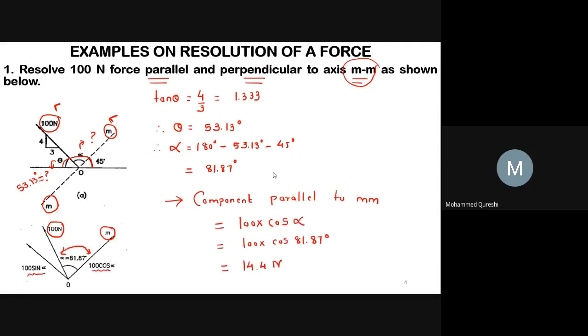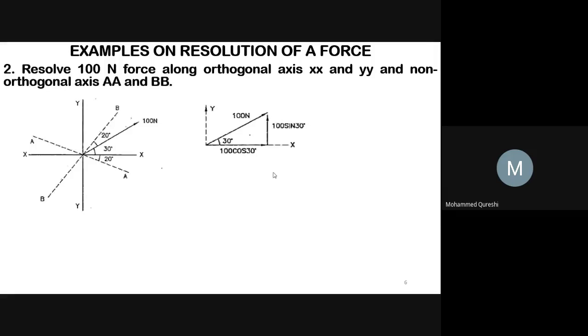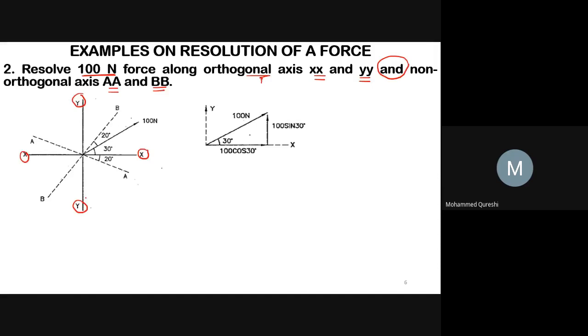We will go for the second example. Suppose we resolve the force along 90 degree axes x and y, and non-orthogonal axes AA and BB. Here x and y are orthogonal axes, and AA and BB are non-orthogonal axes.